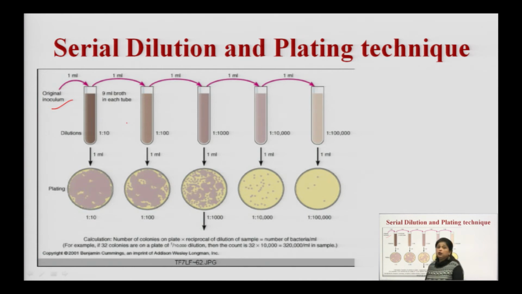We will not be able to count, because the sample is highly concentrated. If the sample contains a large number of microorganisms, then transferring it into the Petri plate will not generate the results we require.